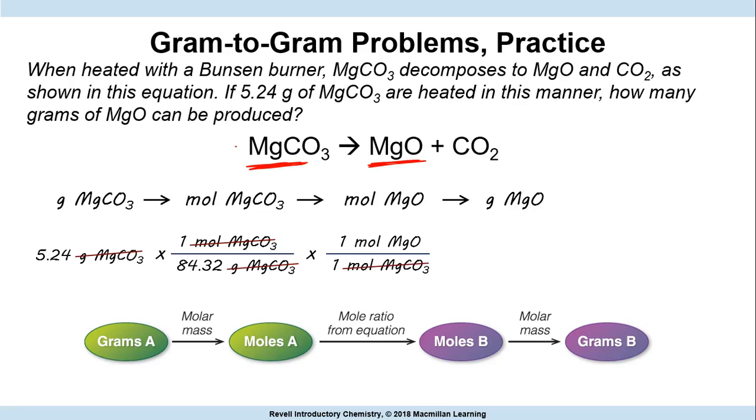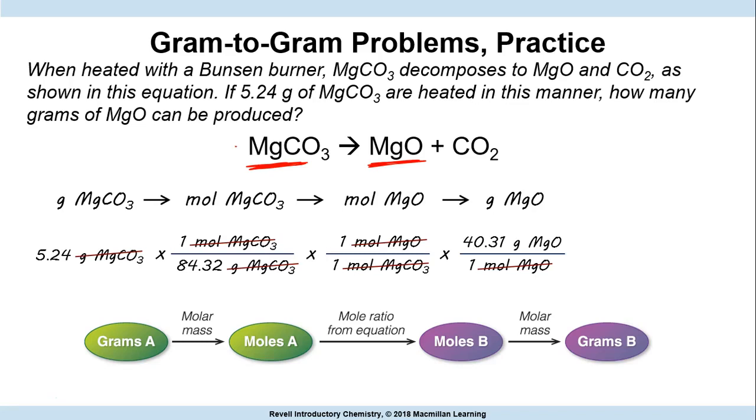From the moles of magnesium oxide, we have to convert to the grams of magnesium oxide using the molecular mass of magnesium oxide. For the conversion factor, we are going to have the moles of magnesium oxide at the bottom and the grams at the top. So the moles will cancel out with the moles, and we are left with grams.